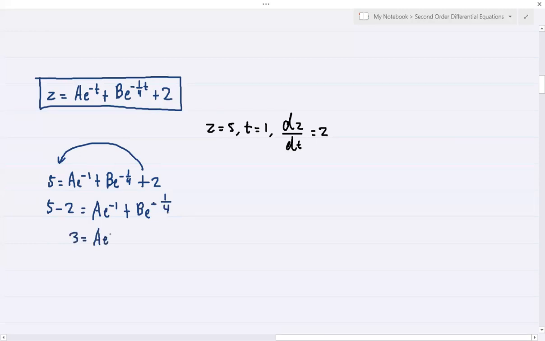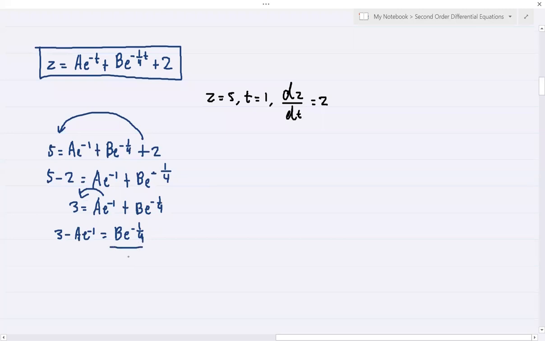Okay, then I have AE raised to negative 1 plus BE raised to negative 1/4. So I'll transpose this one on the left. I will have 3 minus AE raised to negative 1 is equal to BE raised to negative 1/4. So to find your B, just divide both sides by E raised to negative 1/4.